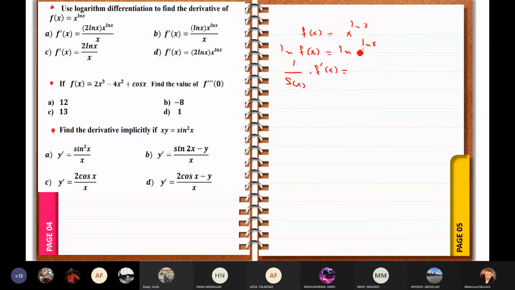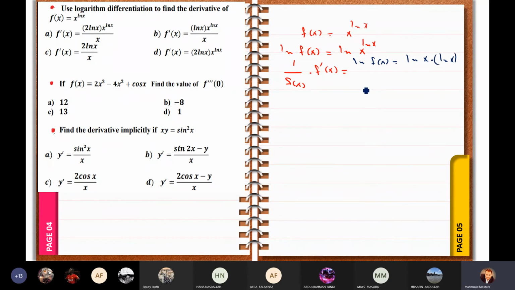Yeah, here we missed one step. We have to rewrite it. ln f of x is equal to, we can put the exponent outside here, so ln x multiplied by ln x.